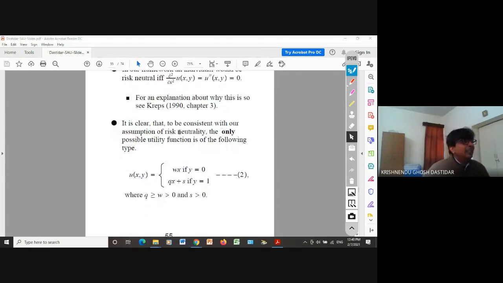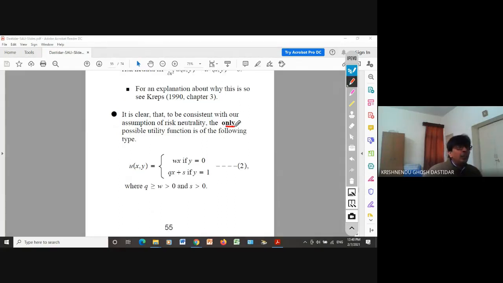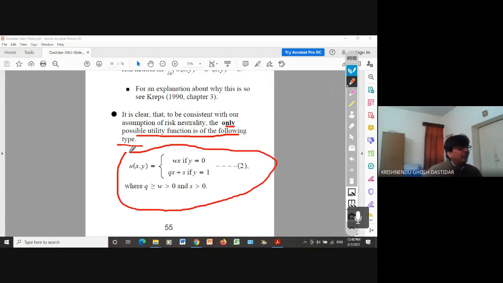Now, it is clear that to be consistent with the assumption of risk neutrality, the only possible, and I stress only possible, utility function which displays risk neutrality is this. So we are going to operate with this: u of x_i is wx when you don't consume y, and u(x,y) is qx plus s when you consume y.